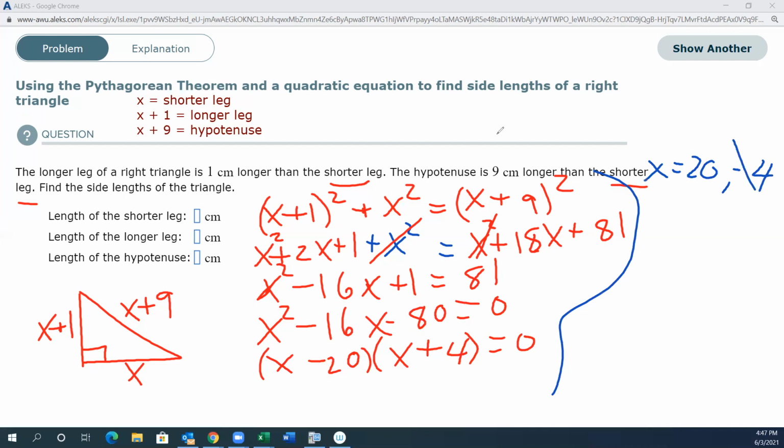Well, you can't have a negative, -4 centimeters for your short leg. So it's got to be 20, which means x is 20 everywhere in the problem. Every x is equal to 20. So we're going to get 20 centimeters for the short leg, 21 for the long leg, and 29 for the hypotenuse. And everything on this topic is done the same way, just like this.